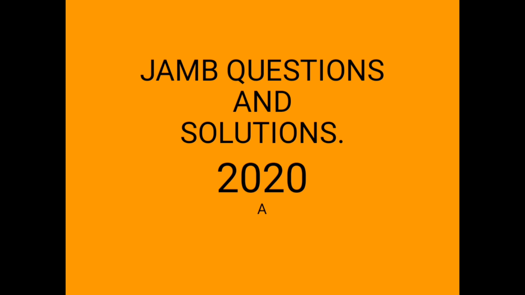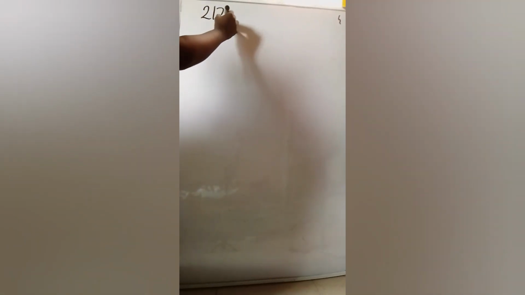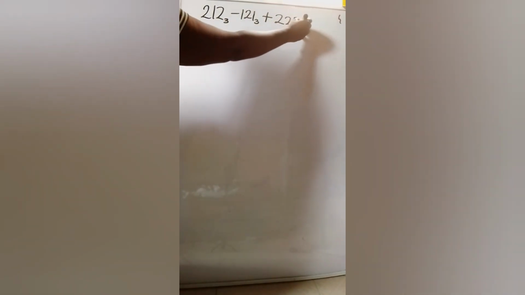Okay, let's move forward. Number 1. Evaluate 212 base 3 minus 121 base 3 plus 222 base 3.